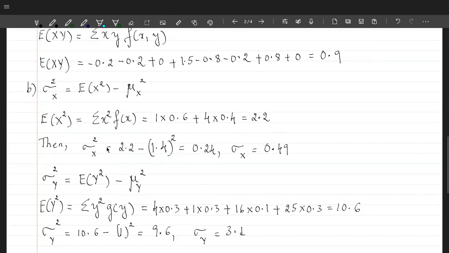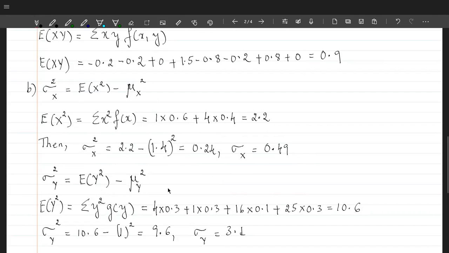Now sigma x square is equal to 2.2 minus mu x square, already calculated earlier, that's 1.4 square. So variance of x is equal to 0.24, and if they ask you to calculate standard deviation of x, that is sigma x, which is equal to 0.49. To calculate that, take the square root here.